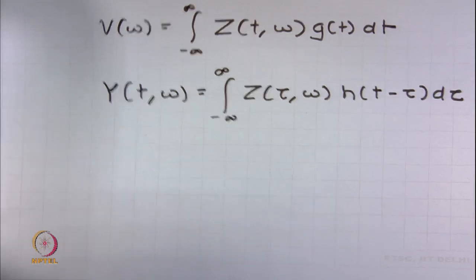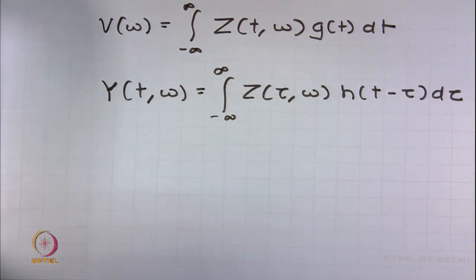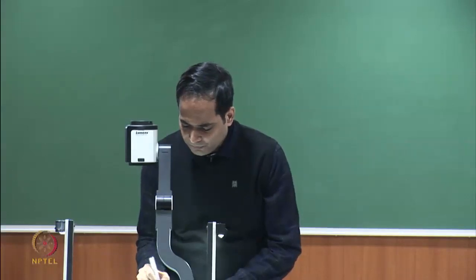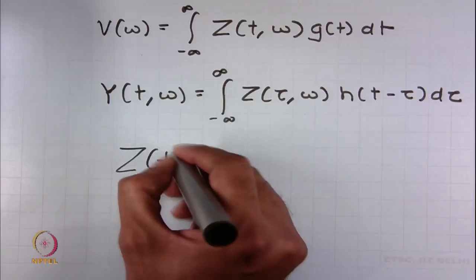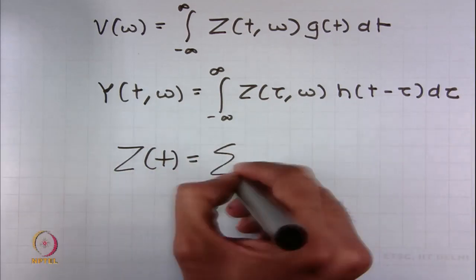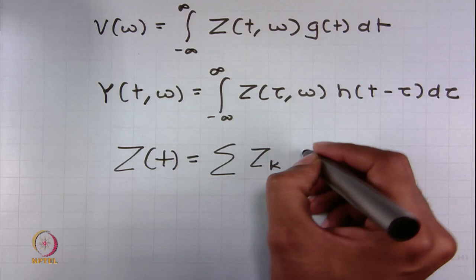Now, let us see these things for a special kind of random process, that is the Gaussian process. We love the Gaussian process because it is easy to evaluate linear functionals and outputs of a Gaussian process, and moreover it is also very practical. So, the Gaussian process is easy as well as practical. Let us take an example of a Gaussian process, and we know that I can generate a Gaussian process through this orthogonal expansion.